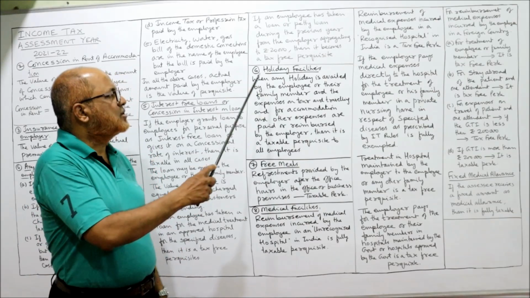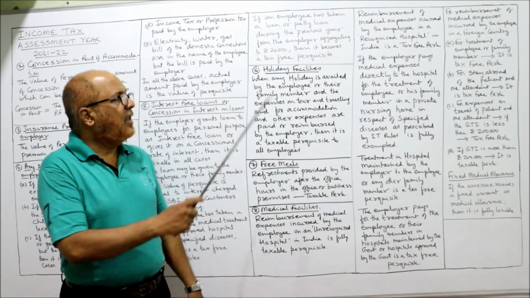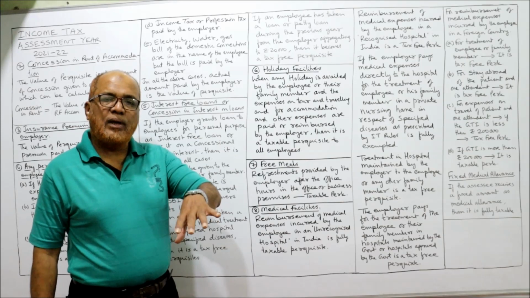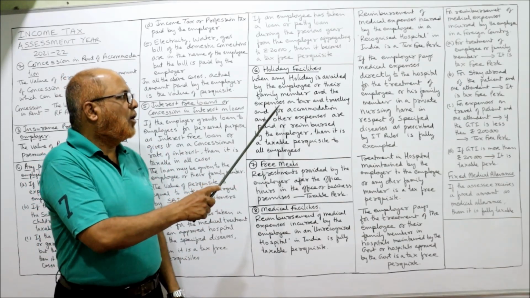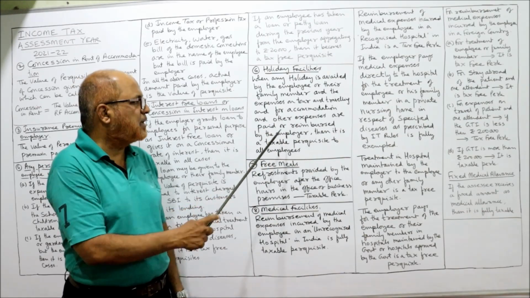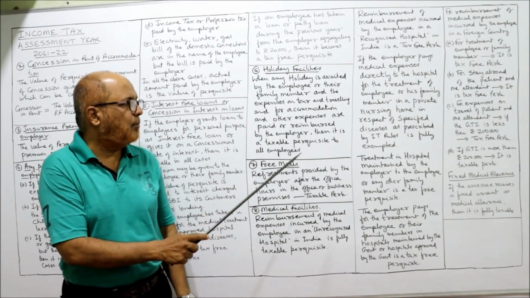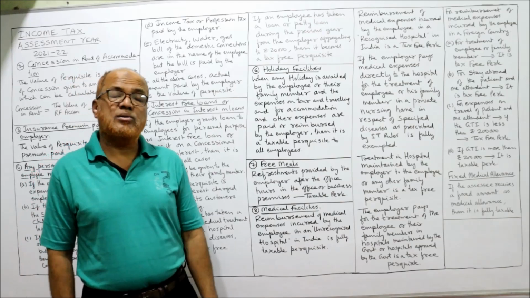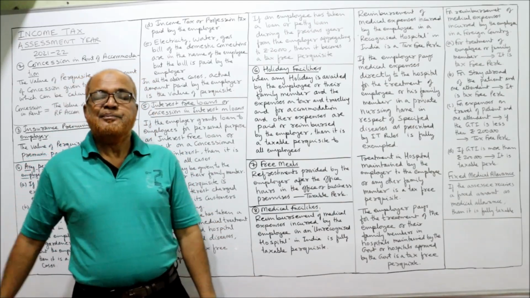Now the 6th perquisite, holiday facility. When a holiday is availed by the employee or their family members and expenses on tour, traveling, accommodation and other expenses are paid or reimbursed by the employer, then it's a taxable perquisite for all employees.